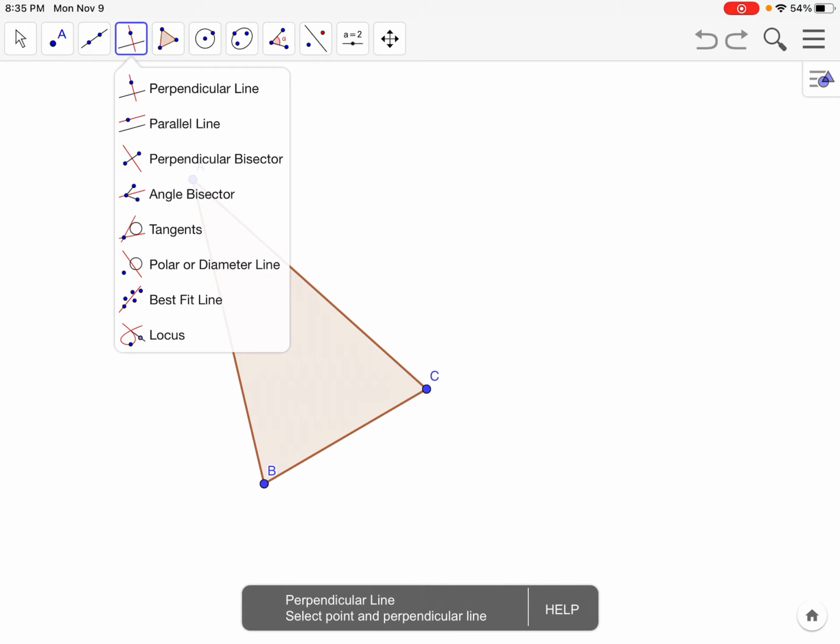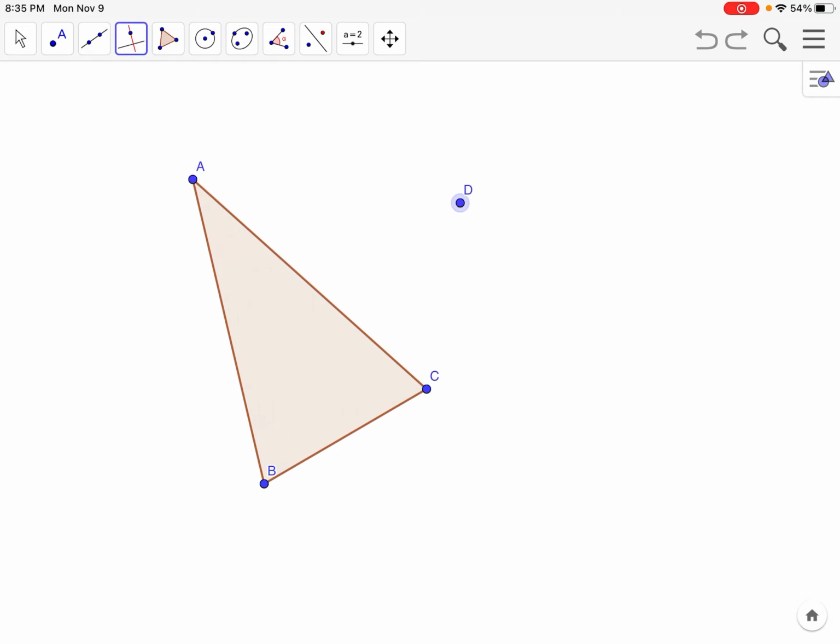And lastly, we have our medians. Our medians do meet in one spot, but I can't actually show you the really neat thing.